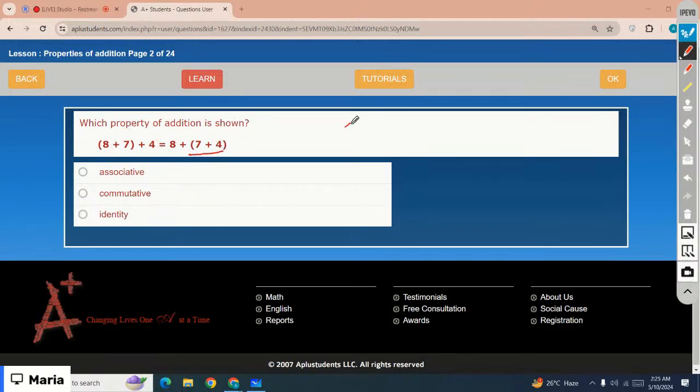Whenever you have a plus b plus c and a plus b plus c like this, that is known as the associative property. The correct option is associative property. Option number 1 is the correct option.